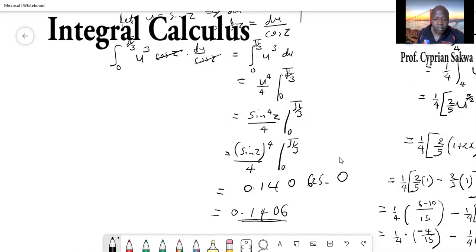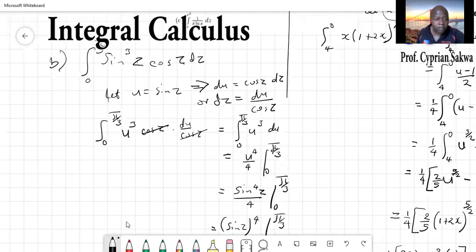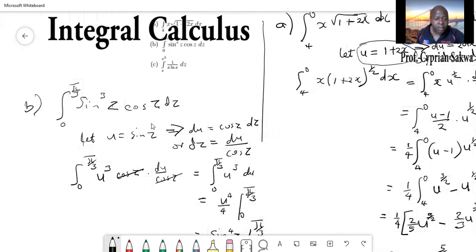Now we go to the last question. The last question wanted us to integrate 1 over x ln of x dx. It's supposed to be dx. And our limits are e to e raised to 2.